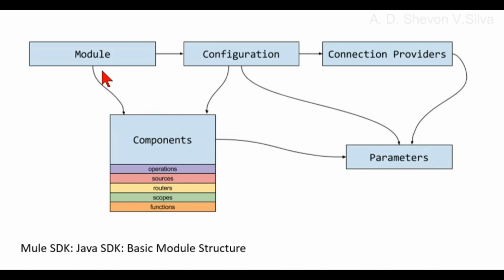Here you can see the module is connected to configuration and components. Here the component has operations, sources, routers, scopes, and functions. Here the configuration is connected to components and parameters and connection providers. Here components are connected to parameters, and here the connection providers are connected to parameters.